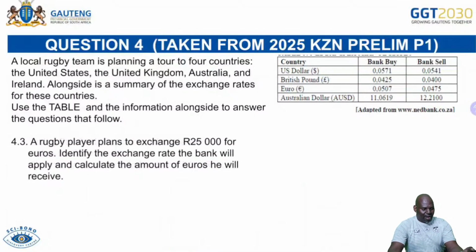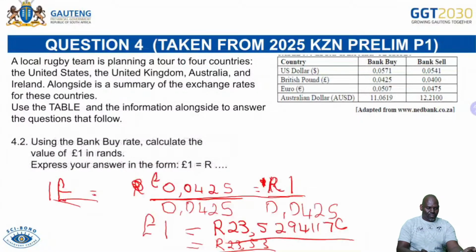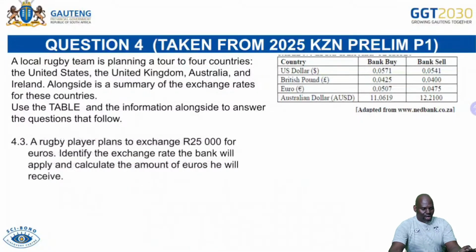Okay, then number 4.3, a rugby player plans to exchange 25,000 rand for euros. Identify the exchange rate the bank will apply and calculate the amount of euros he will receive.